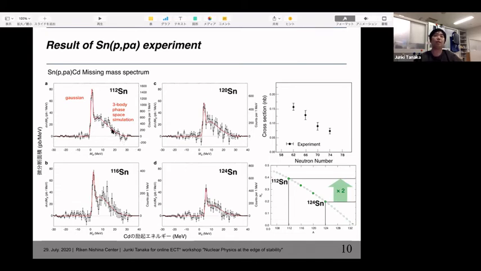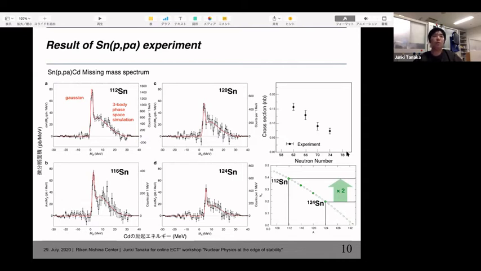The higher parts are the transitions to the excited states of the cadmium. To see the trend of isotopic dependence, these peaks are integrated, and the result is shown in this panel. We observed a smooth decrease of the cross-section with increasing mass number.